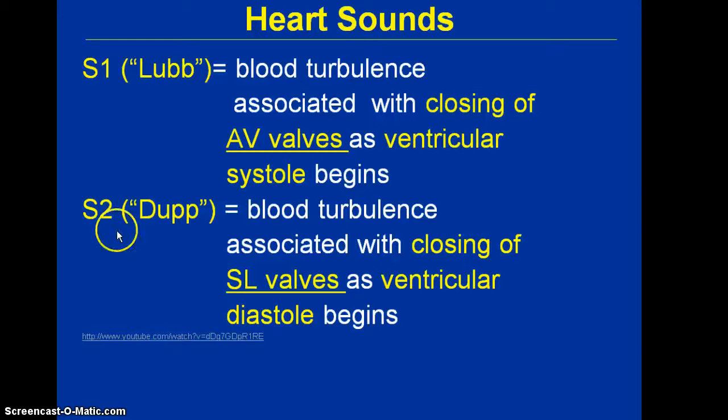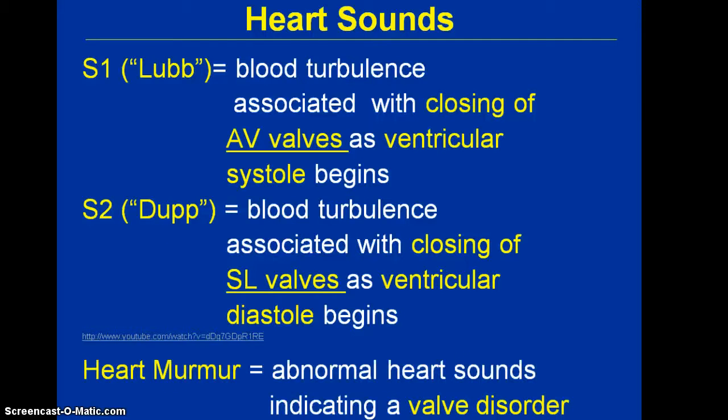That creates the second heart sound, known as dub. So lub, dub are the two heart sounds that are normally heard in a normal heart. We listen for heart sounds using a stethoscope. There is a video that I'll post on D2L for you to see and listen to those heart sounds.